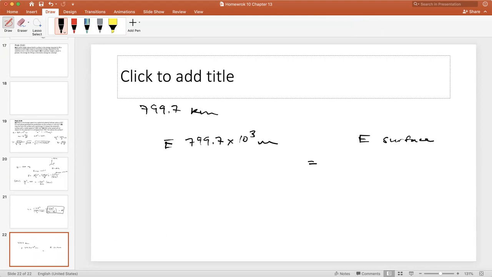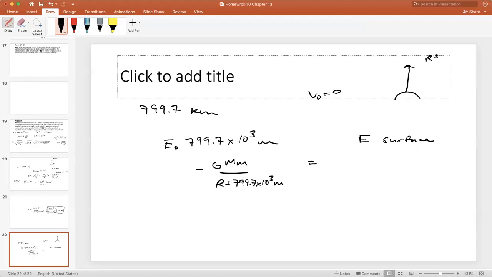We know that V initial has to be 0. So it has no kinetic energy. It only has GMm over R plus 799.7 times 10 to the third meters. Okay, that's how high it is above R.